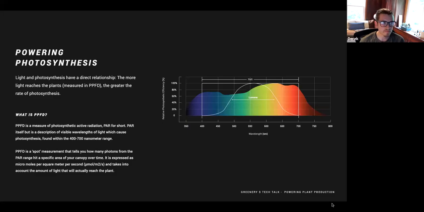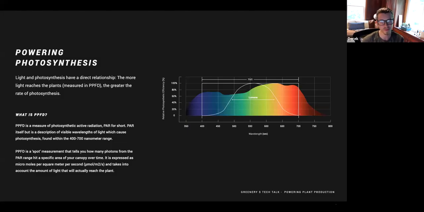But when I talk about the amount of light that reaches the plants, it's important to understand the quantifiable unit that we use to measure that amount. So that unit is called PPFD, which stands for photosynthetic photon flux density.